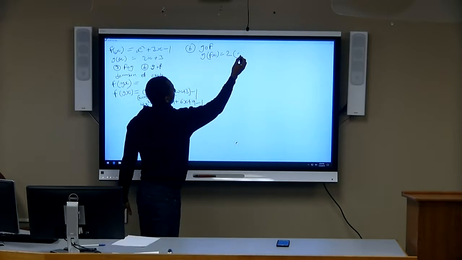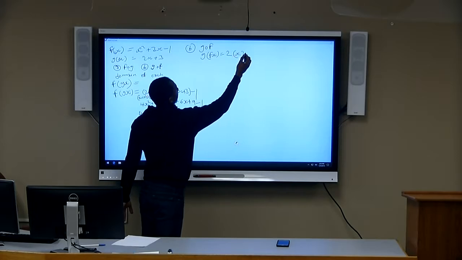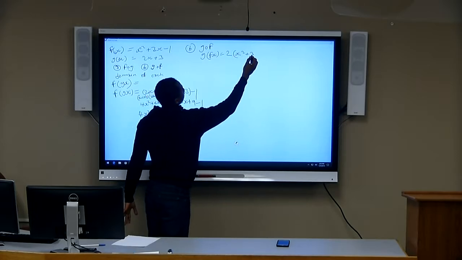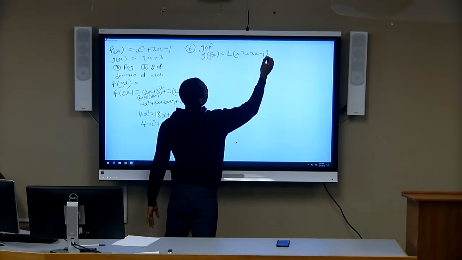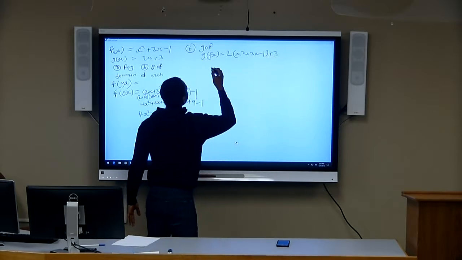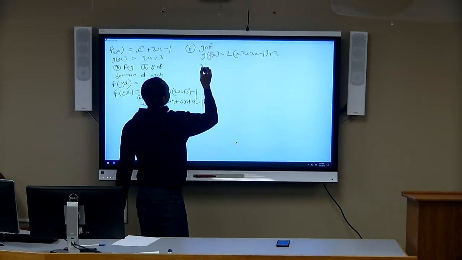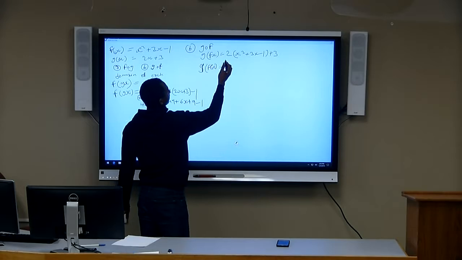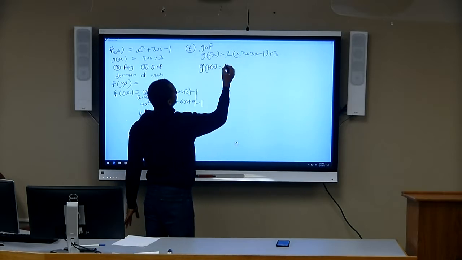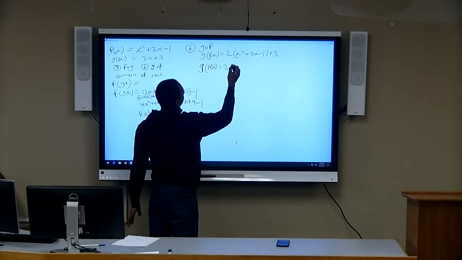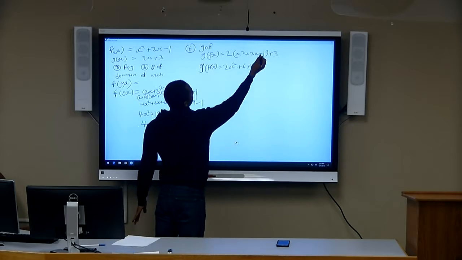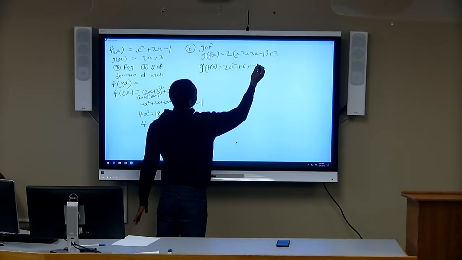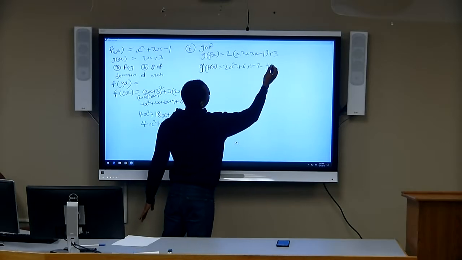F of x is x squared plus 3x minus 1, plus 3. So g of f of x is going to be equal to 2 times, we multiply it out, 2 times x squared is 2x squared plus 2 times 3 is 6x, 2 times minus 1 is minus 2, plus 3.